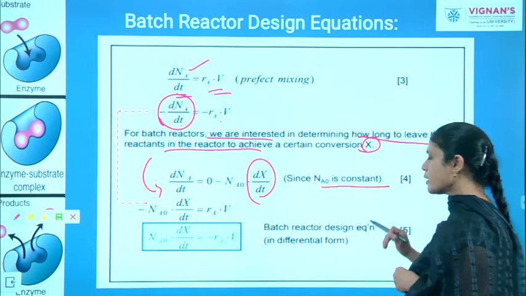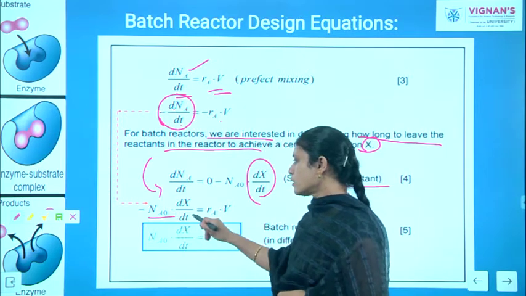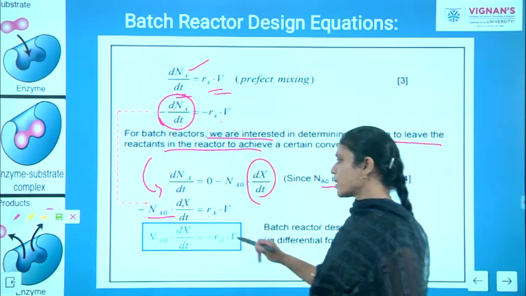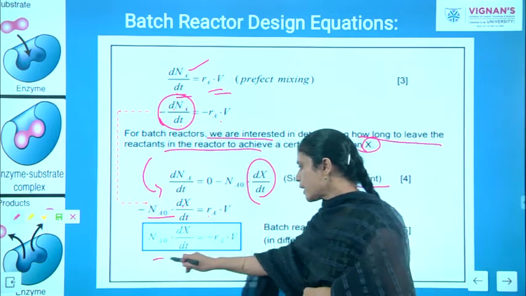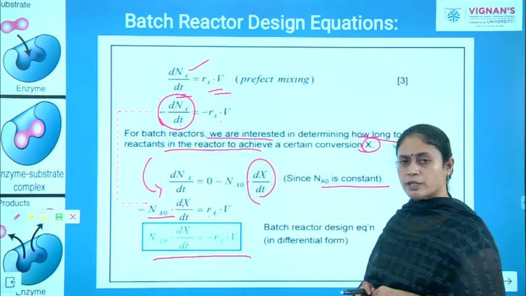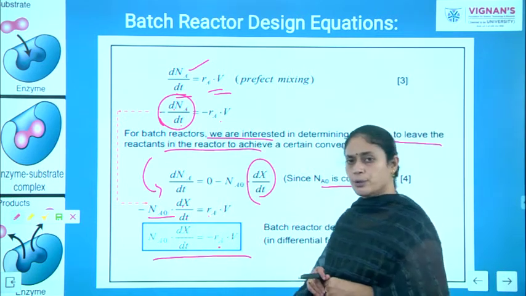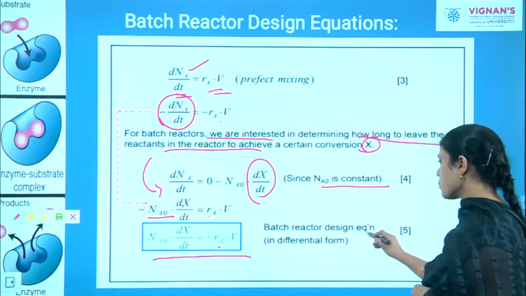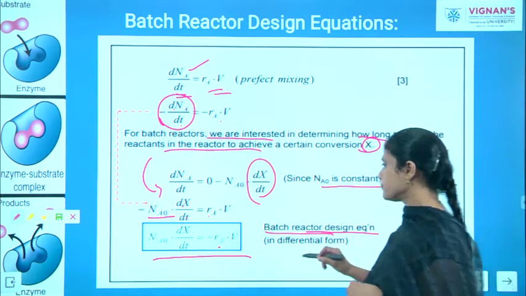Since Na naught is constant, minus Na naught into dX by dt is equal to Ra into V. So, ultimately, what we are getting is Na naught into dX by dt is equal to minus Ra into V. So, this is the batch reactor design equation.